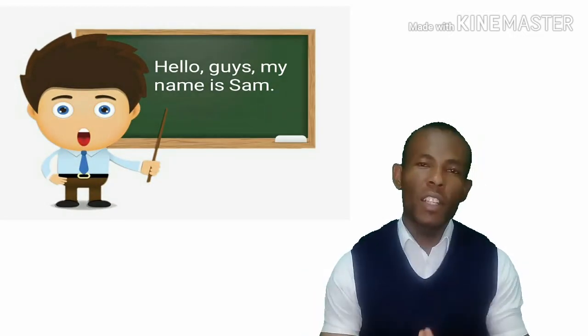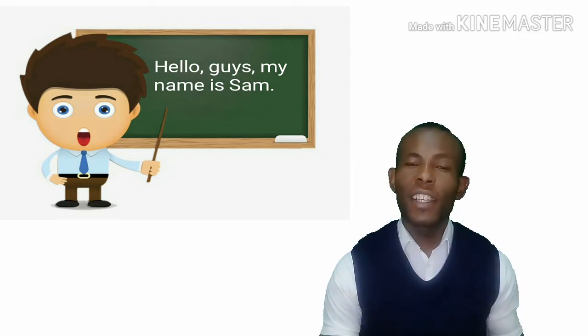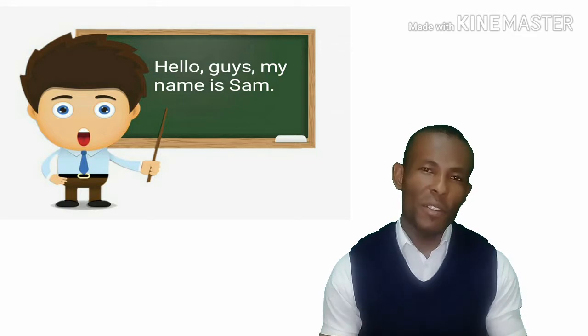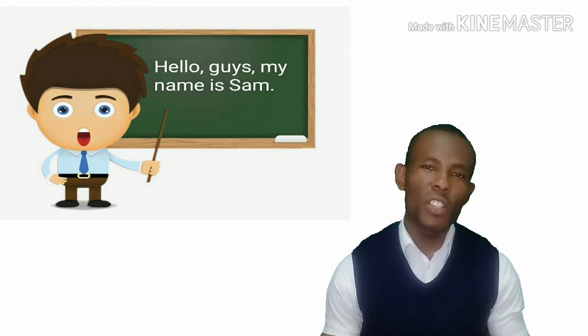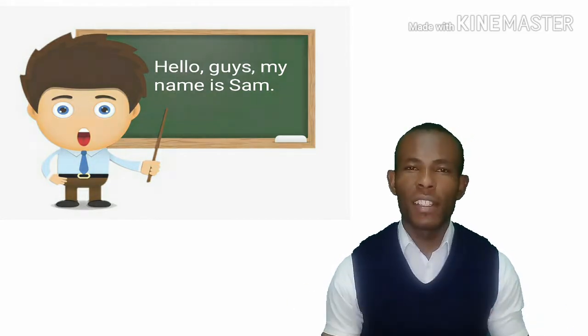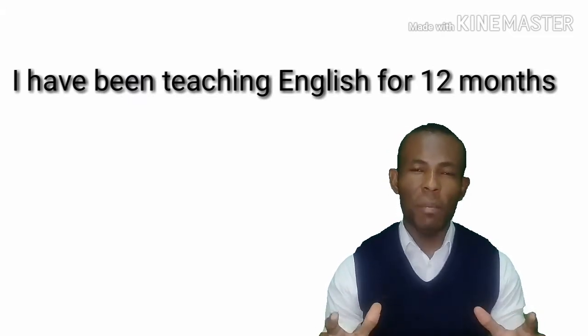So if my English teaching career started in January, to relate this information to a friend, I will say, I have been teaching English for 12 months. 12 months becomes my period of time.